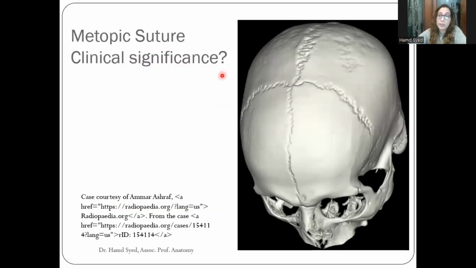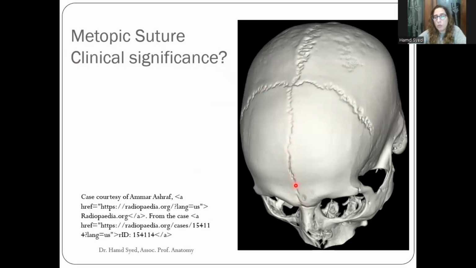We can also talk a little about the metopic suture. As I told you, this is the suture which divides the frontal bone into 2 halves, and it passes from the bregma. The bregma is the point of union of the sagittal and coronal sutures. It passes from the bregma to the nasion, which is present just adjacent to the nasal bone.